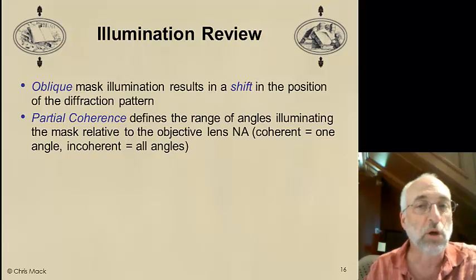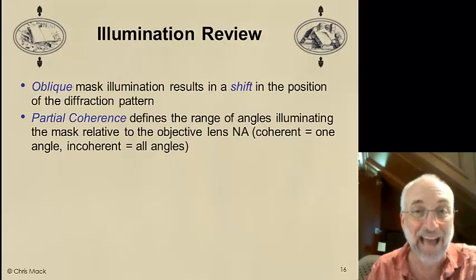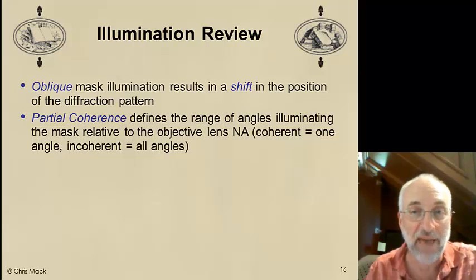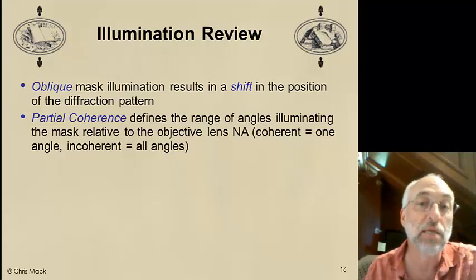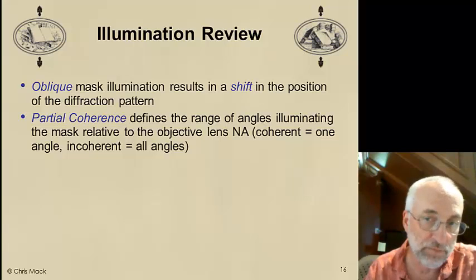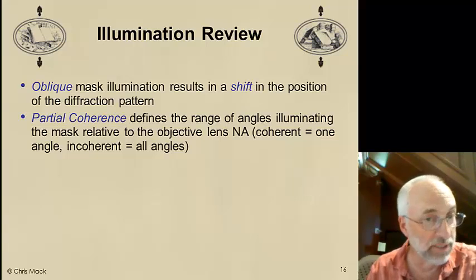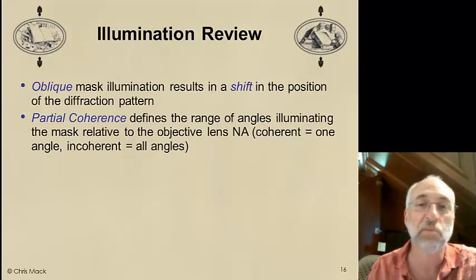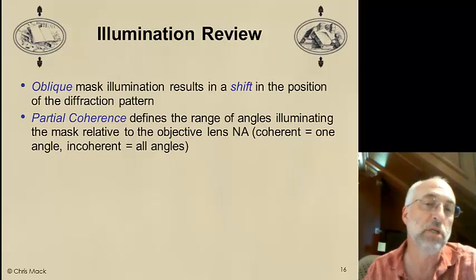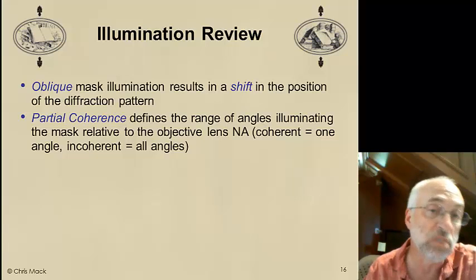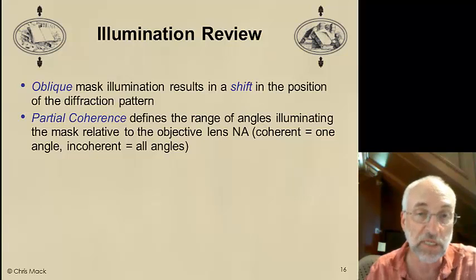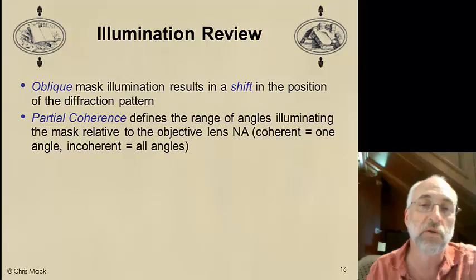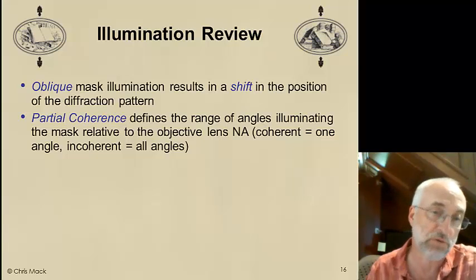We define partial coherence as the sine of the maximum half angle of light illuminating the mask divided by the objective lens numerical aperture. For coherent illumination, we have one angle illuminating the mask, so sigma equals 0. For incoherent illumination, we have all angles illuminating the mask, so sigma equals infinity. And for partially coherent illumination, we have angles that are in between these two extremes.